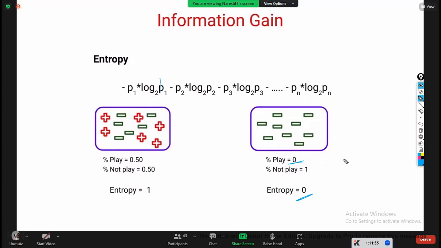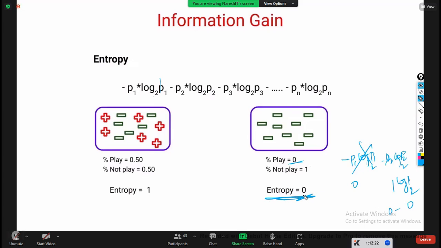See, P1 log P1 base 2 minus P2 log P2 base 2. Now P1 is 0, so 0 into the second one, no need to multiply. The next one is 1 into log 1 to base 2. Log 1 is again 0. So 0 minus 0 is nothing but 0. So directly entropy is going to be 0.